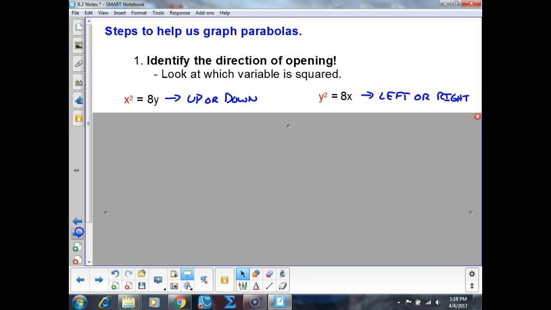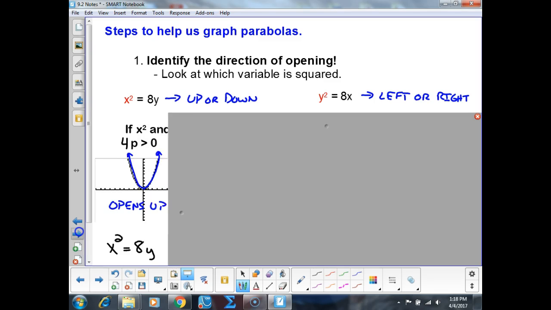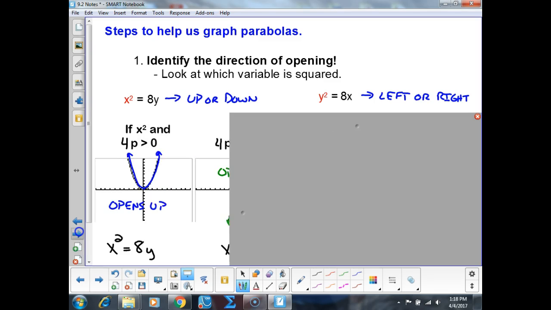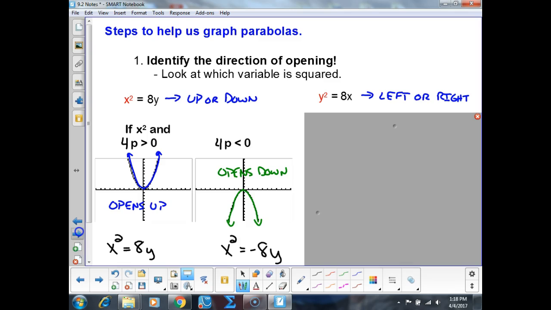Okay. Then on top of that, okay, so that's the first part. The second part is you need to look at the 4p value. So if we have an x squared and the 4p value is positive, so that's the coefficient on the non-squared term, if that's positive, it's going to open up.